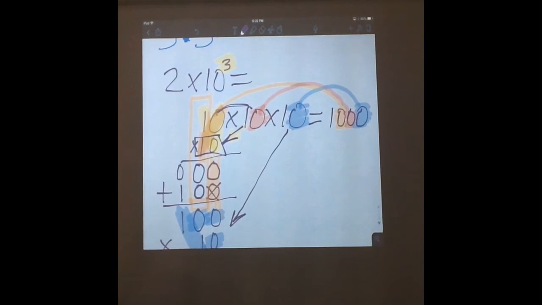Sorry. Let's go ahead. Now, what do we have to multiply the 2 by now? Is it 2 times 10? Or is it 2 times another number? It's 2 times 1,000. Right. So what's 2 times 1,000?